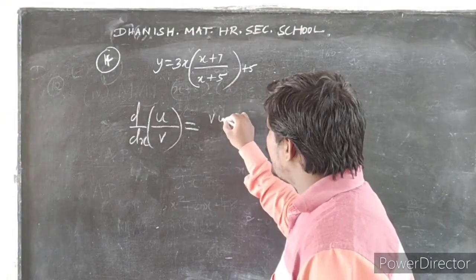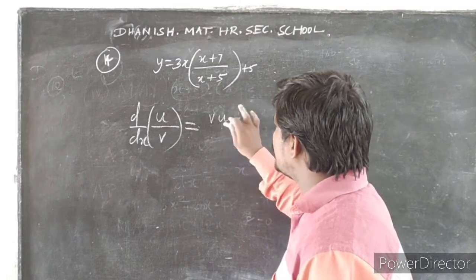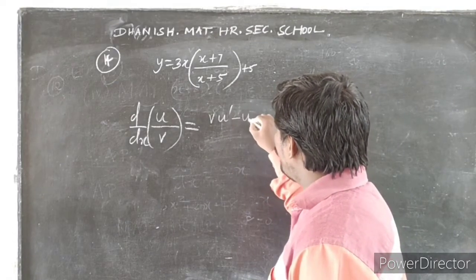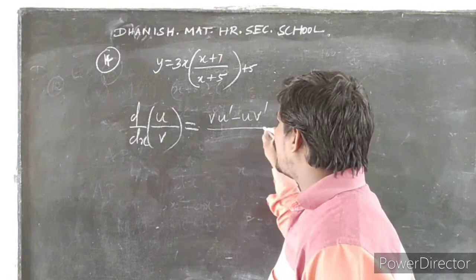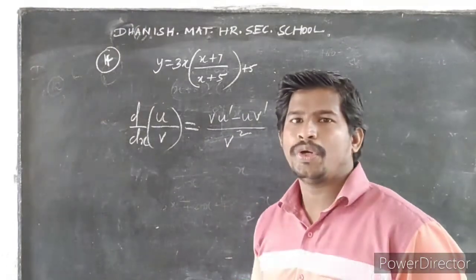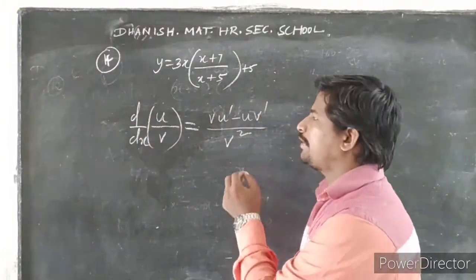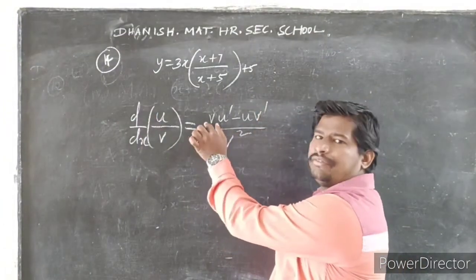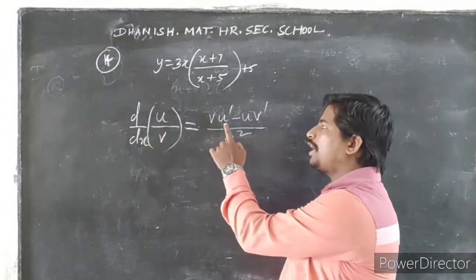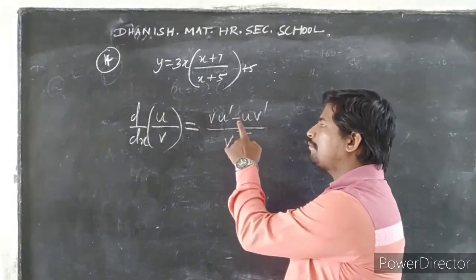u dash v minus u v dash divided by v square. If you want to find the derivative of u by v form, what we have to do? First we have to keep the v as it is, and then we have to differentiate u.